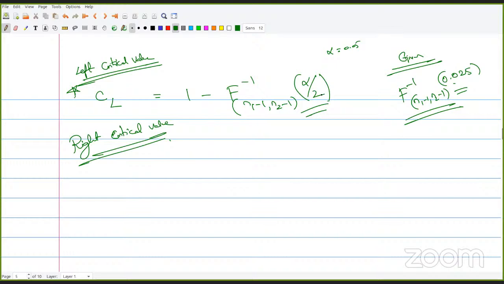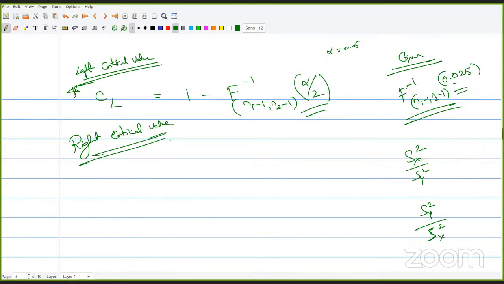For example, the value is falling within 1 plus CR, but the other side value is not falling within 1 minus CL. One is greater and another one is not less than, or vice versa.